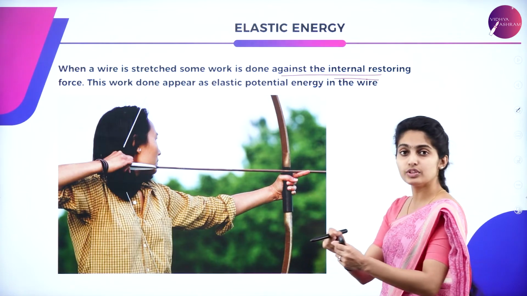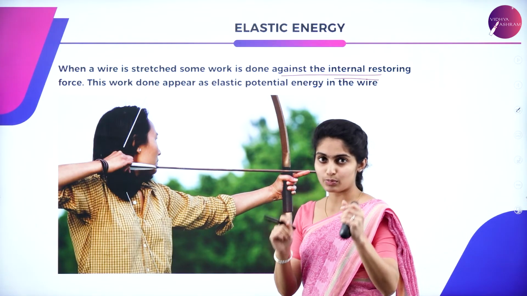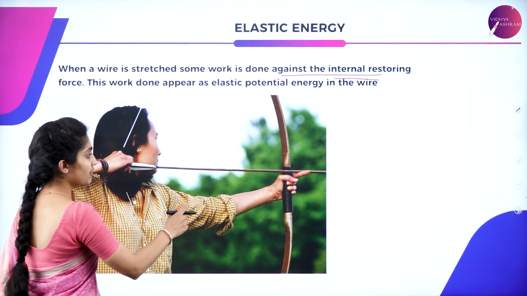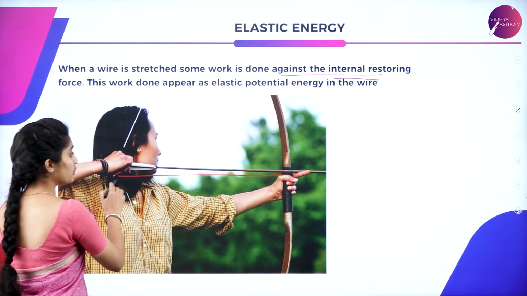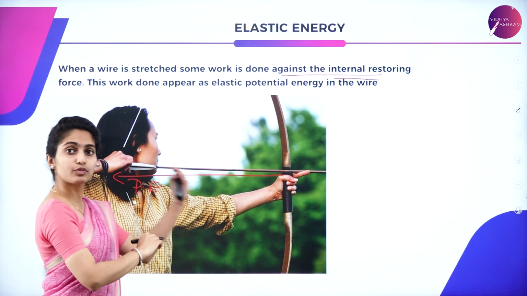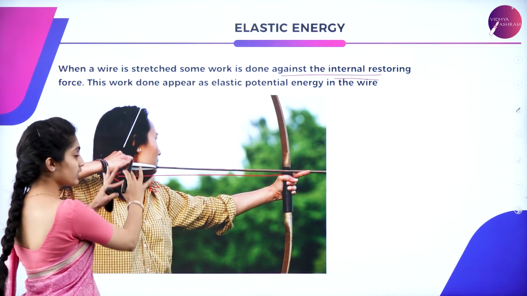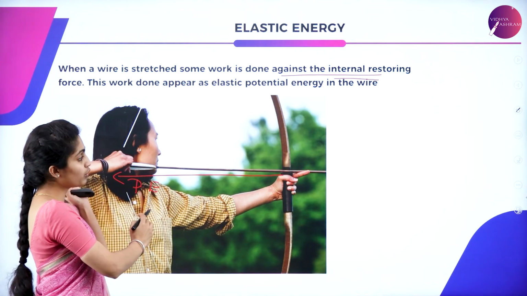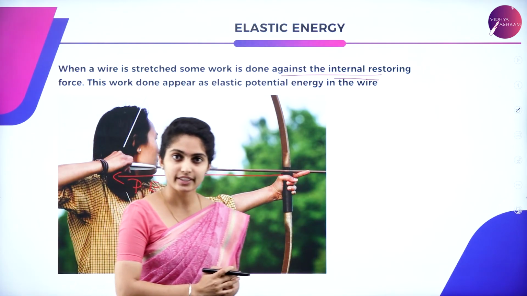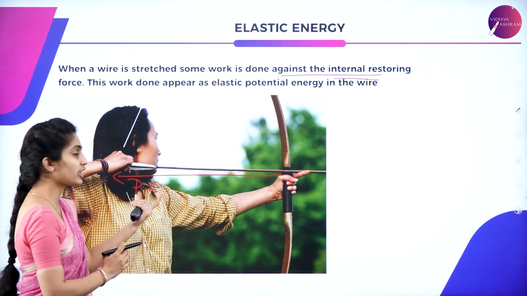Suppose you consider a bow and arrow and you pull the bow. What happens? You are giving potential energy to the arrow. So certain energy is stored before you release the arrow, and the movement of the arrow will be the kinetic energy.